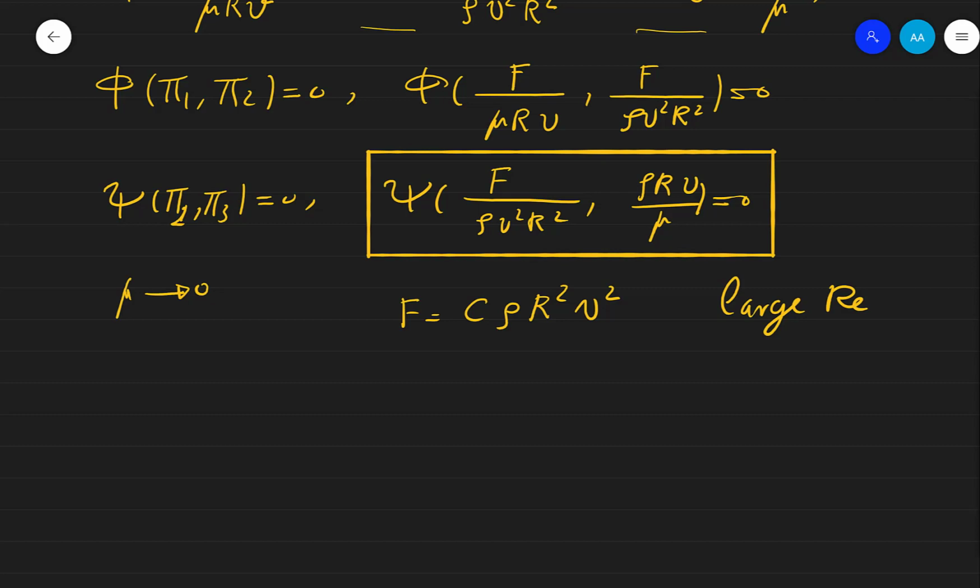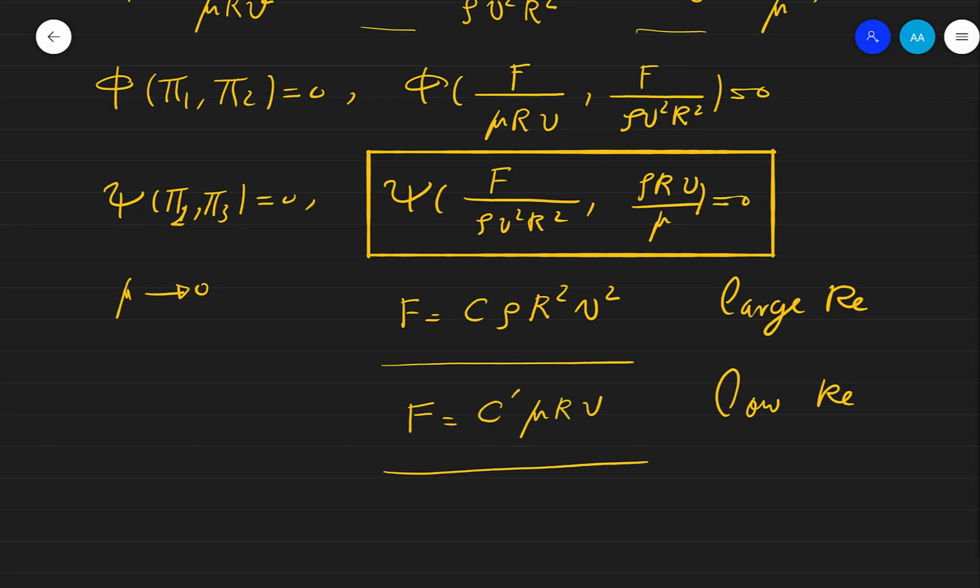In the low Reynolds number, F2 is unimportant and the relevant force is F1. So in two extreme limits, low Reynolds number and large Reynolds number, the dependence of force exerted on the moving object is proportional to V or V squared.